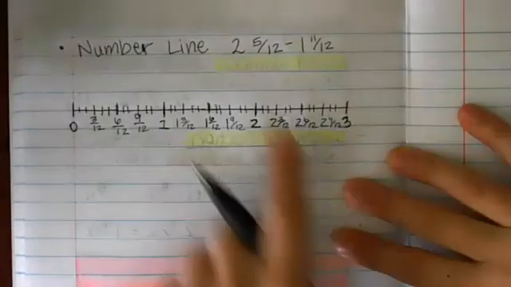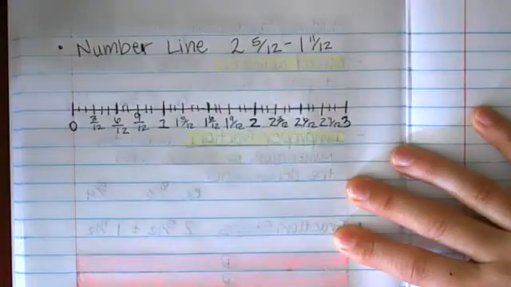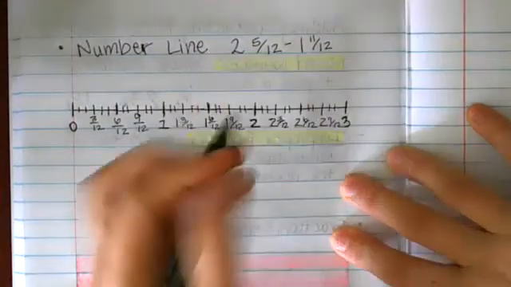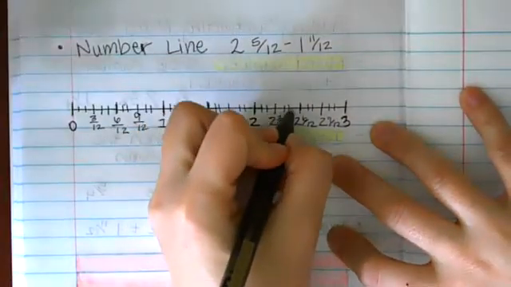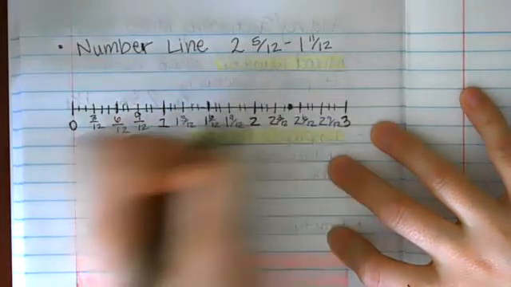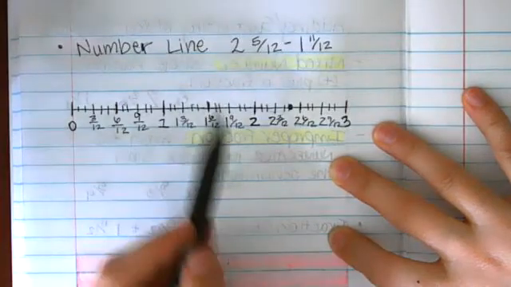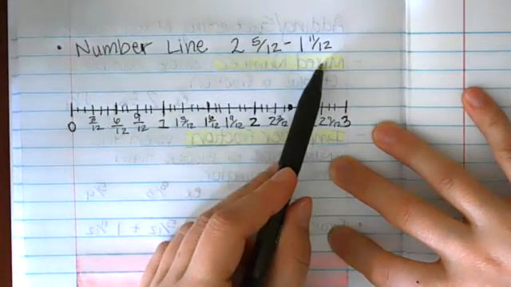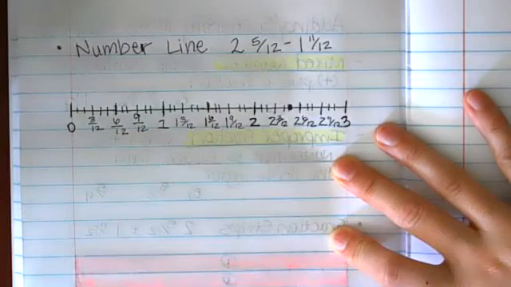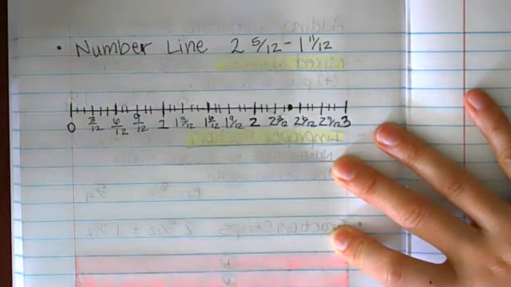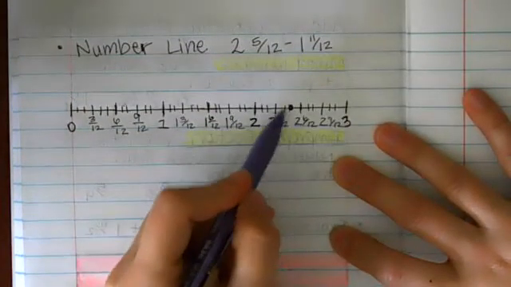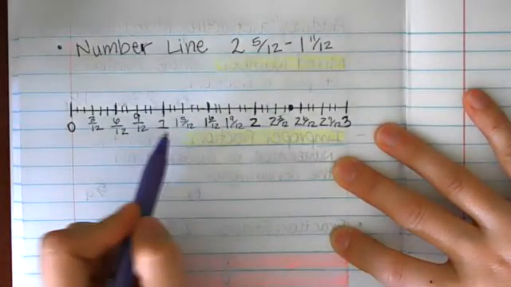On our number line, we need to mark the biggest number that we have in our subtraction problem, which is 2 and 5/12. So I'm going to find 2 and 5/12 on the number line that I've created. What I need to pull back is 1 whole and 11/12. The first thing I'm going to pull back is the 11/12, the fractional part, because then I'll just be doing little incremental hops.